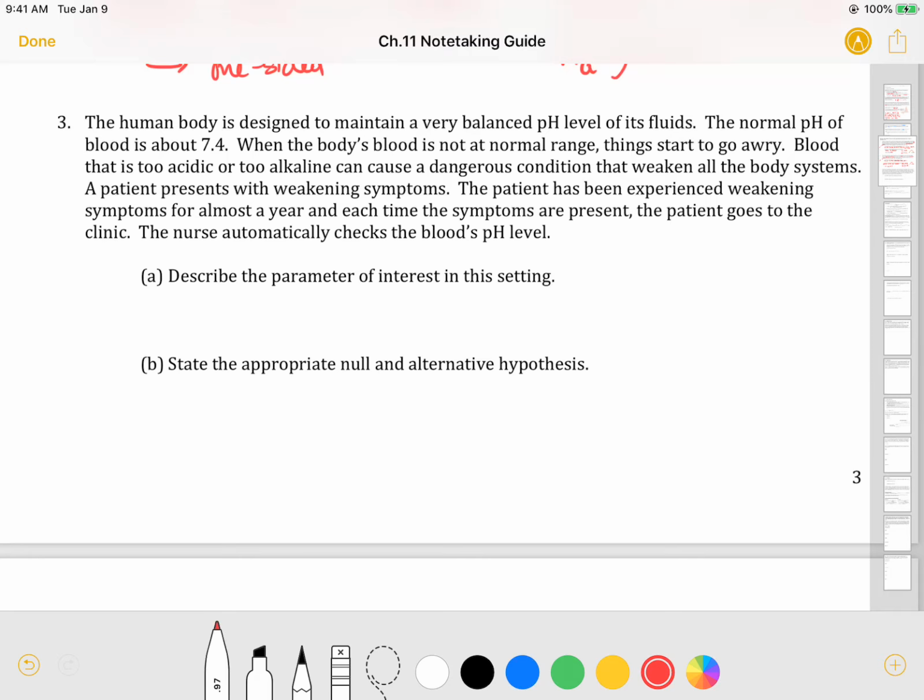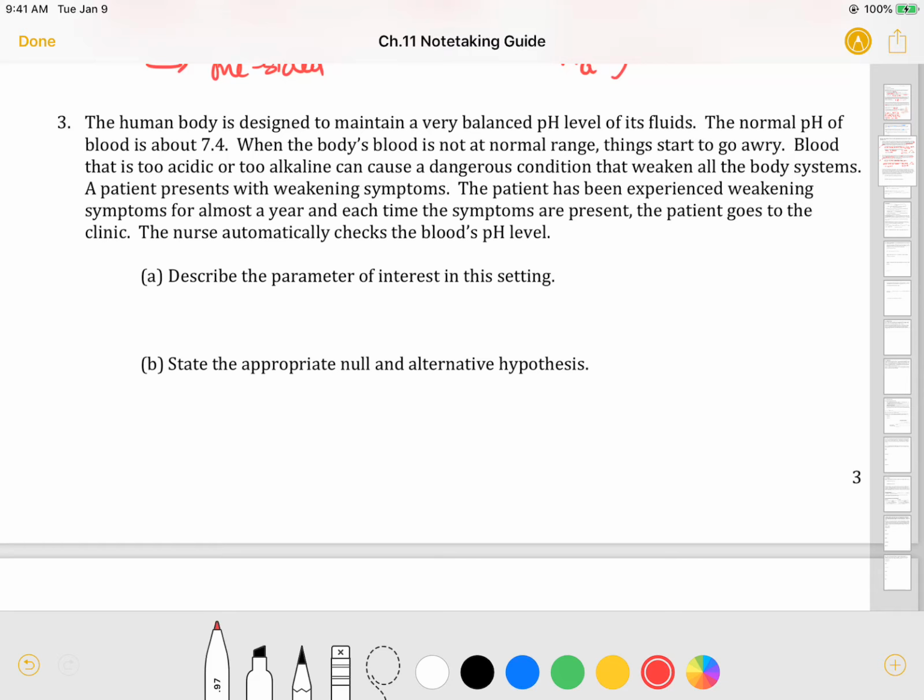A patient presents with weakening systems. The patient has been experiencing weakening symptoms for almost a year, and each time the symptoms are present, the patient goes to the clinic. The nurse automatically checks the blood's pH level, okay?